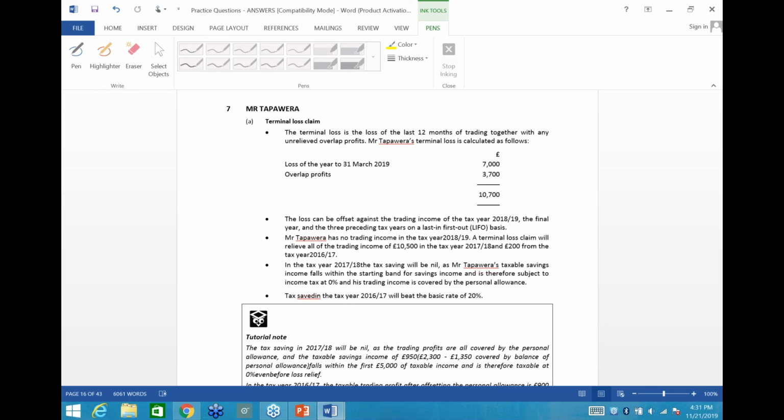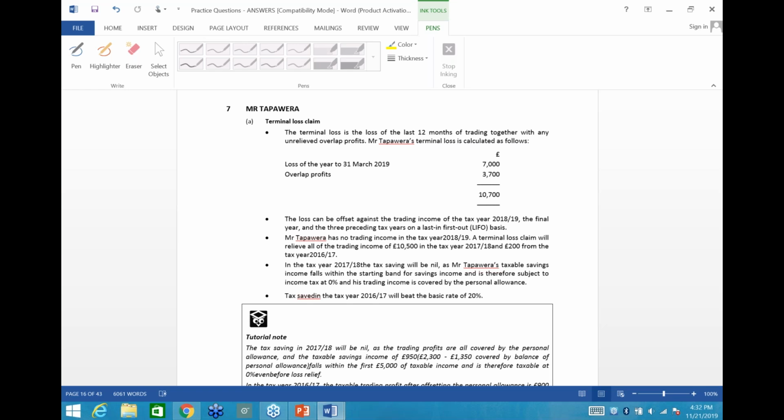And one important thing: under opening year relief, we were permitted to set it off against total income, plus we use first in, first out basis. But under terminal loss relief, when we carry back for 36 months or 3 years, we can only set it off against trading profit and using last in, first out basis. So these differences you need to remember properly.